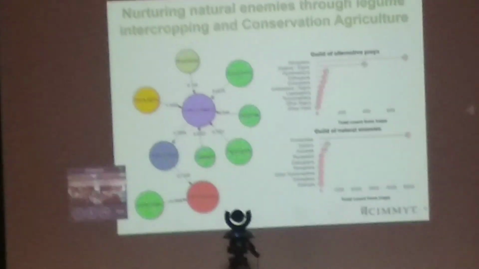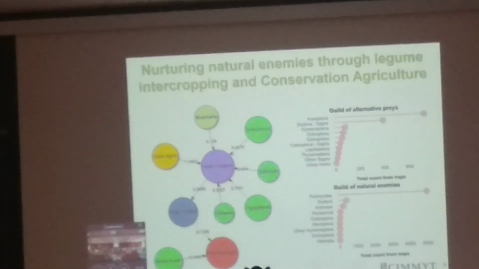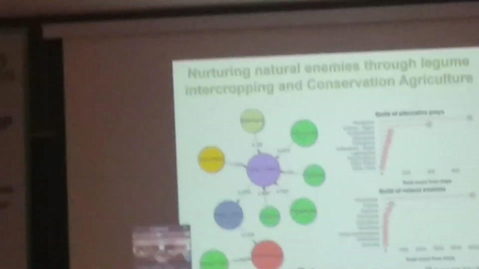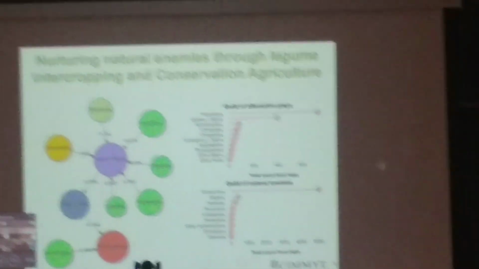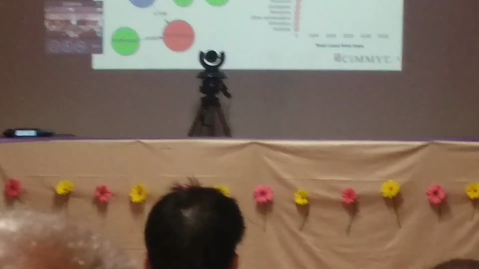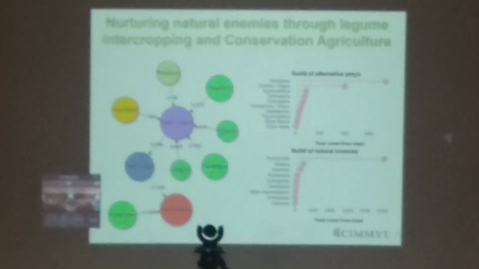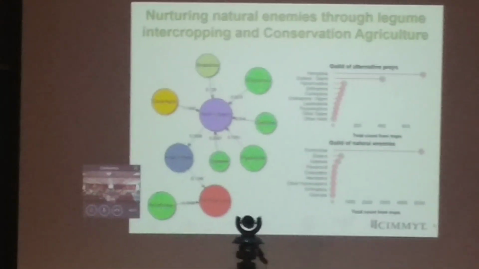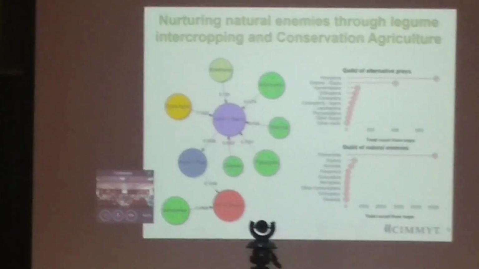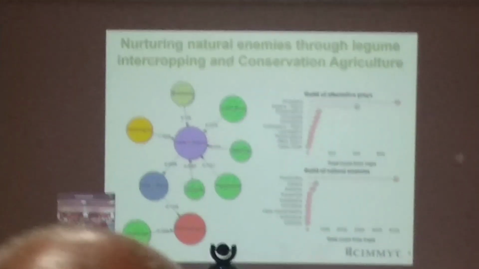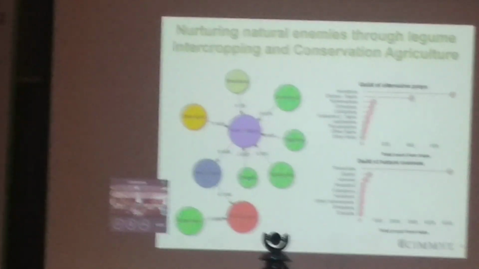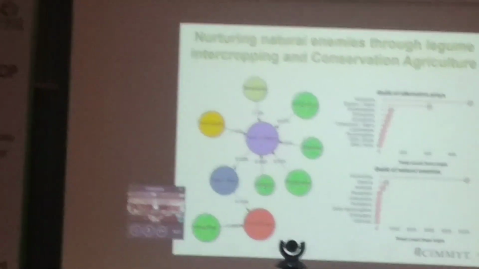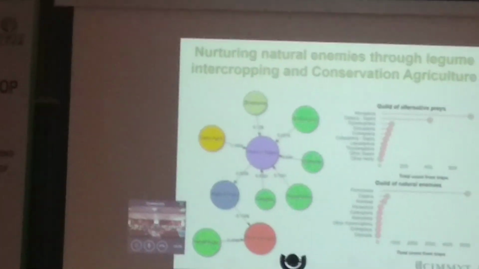And those ones we have nurtured, and at the same time we nurtured the natural enemies, which are mainly ants, the Formicidae, they are ants. And with this strategy, we produced a natural agent against the fall armyworm. Interestingly, the parasitoids were very little in this guild of natural enemies.